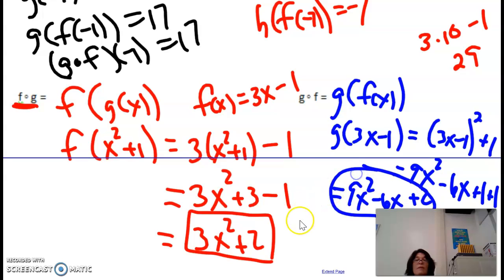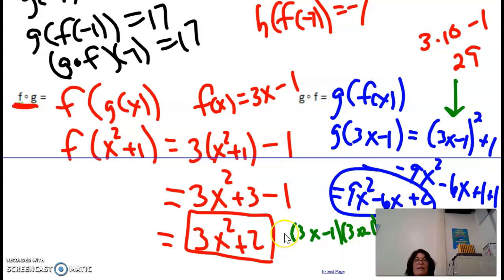Very different than what we got when we did f of g of x. G of f of x told me to take 3x minus 1, square it, and add 1. Hopefully you guys are okay with this. With the 3x minus 1, when I square that, remember that's 3x minus 1 times 3x minus 1.